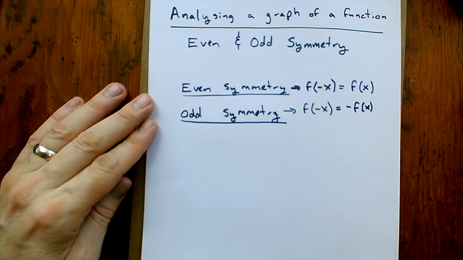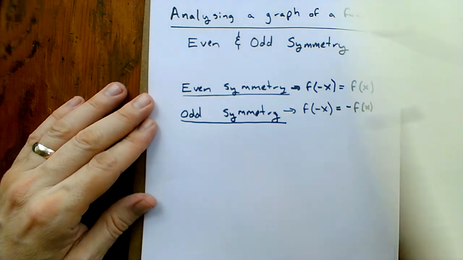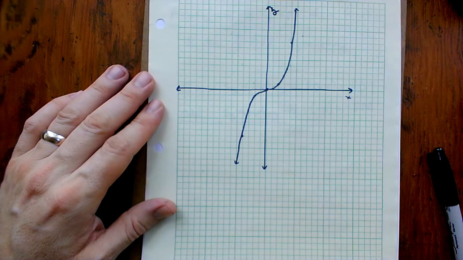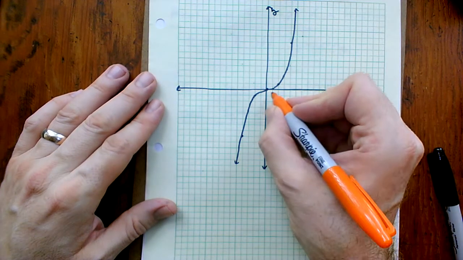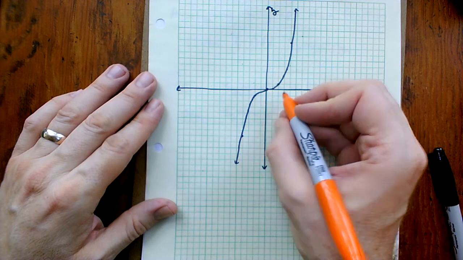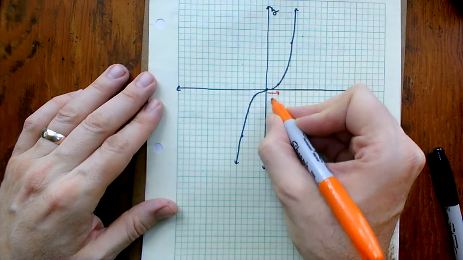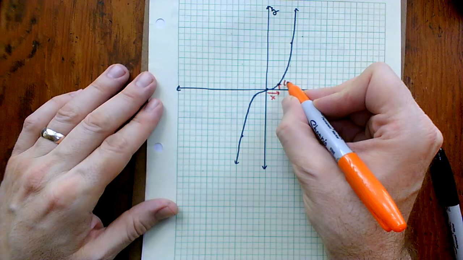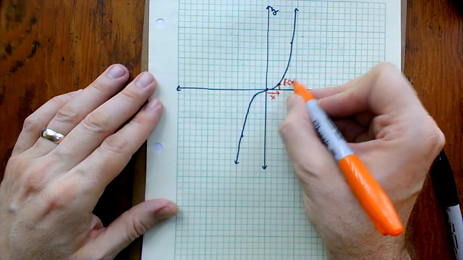So let's take a look at what that might look like. So here we can take any value in this x direction. Here's my x, and here would be my f of x.